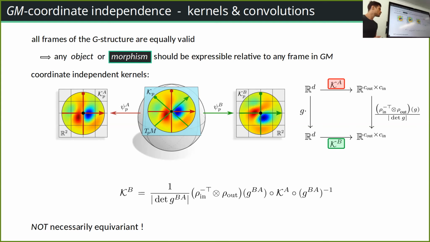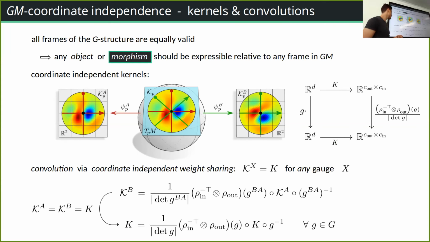But if you want to perform a convolution, you have to share this convolution kernel, and you don't know relative to which frame you have to share it, or in which gauge you have to apply it. And if this weight sharing process itself is to be coordinate independent, this basically means that the kernel should be the same in each gauge.